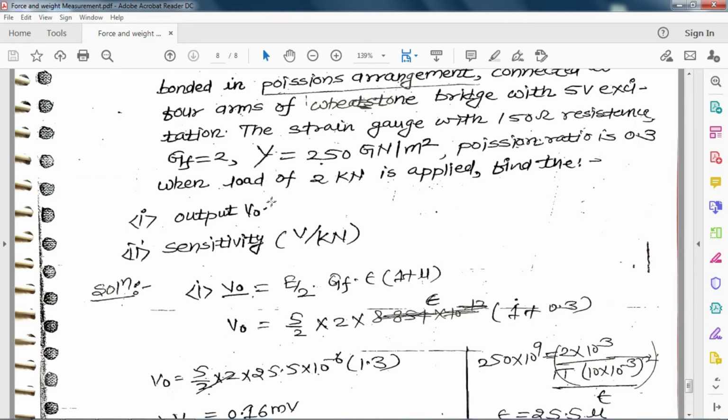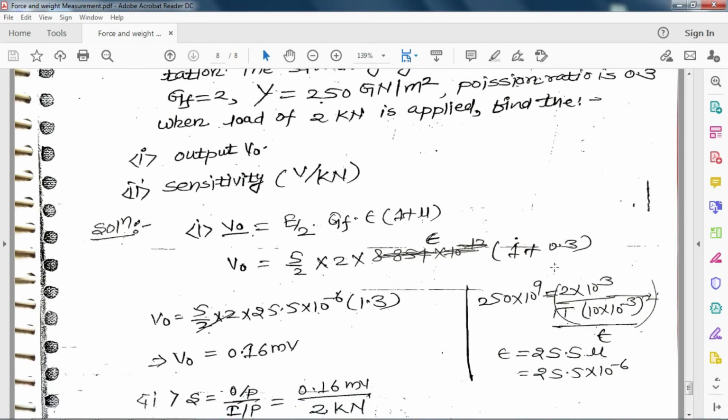Our Young modulus is stress by strain, which is equal to force per unit area upon strain. We know that our force is 2 kilonewton and area is the effective area, which is pi r square. We have the diameter, so we put the radius as 10 into 10 to the power minus 3, whole square, and from here we get the strain and the final output. This is an example. Thank you.